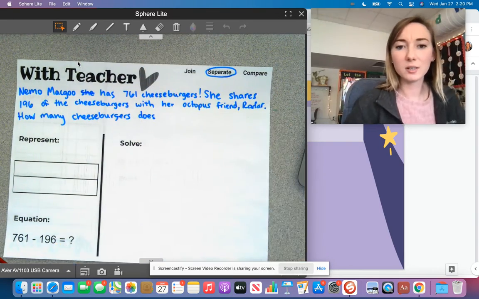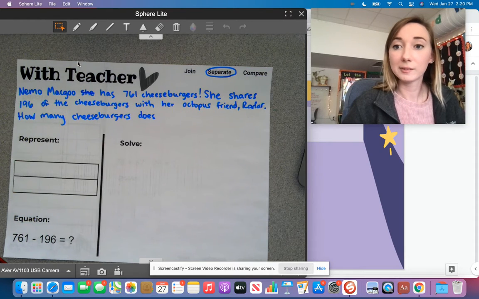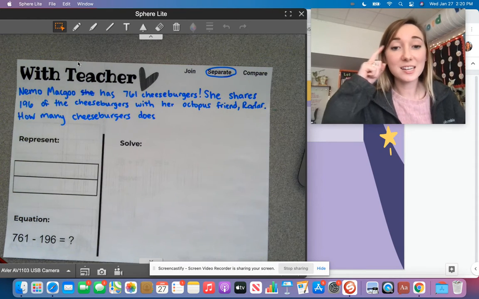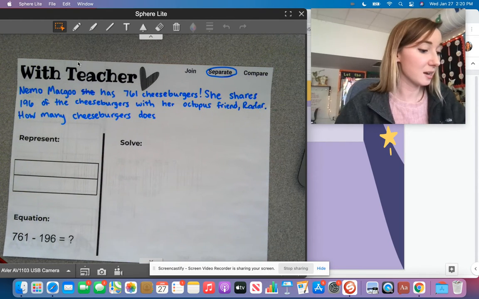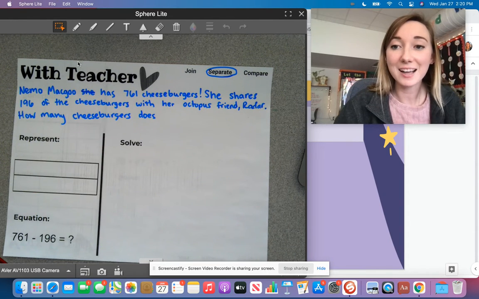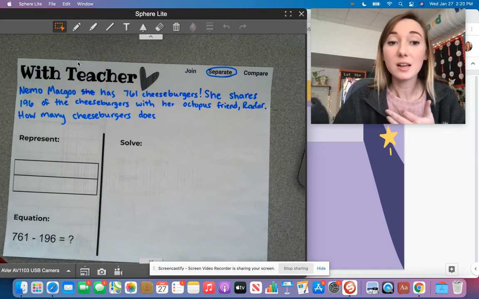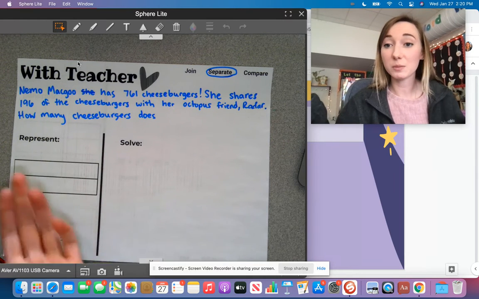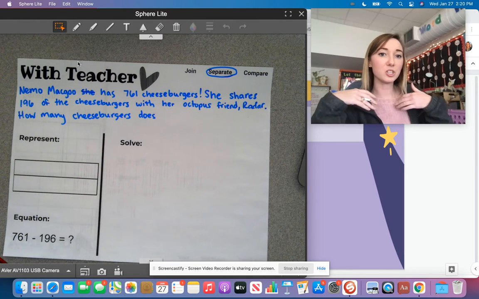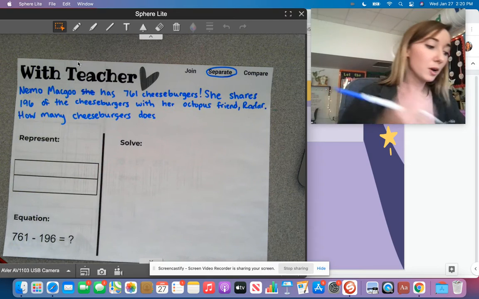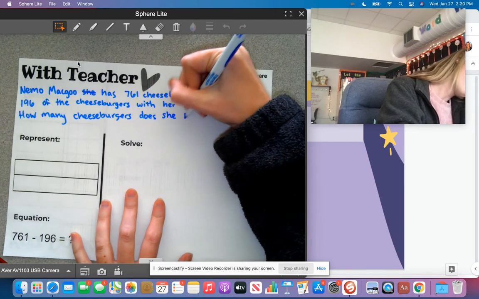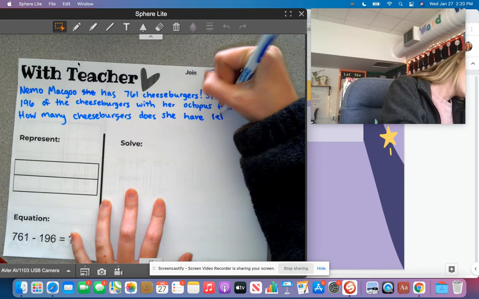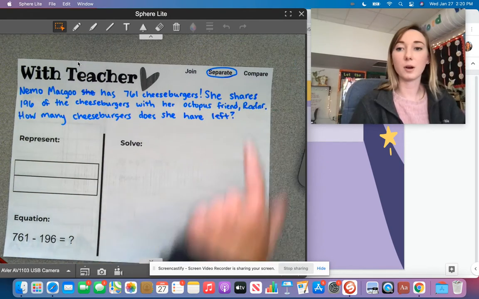Is that the question? No, if we're paying attention, we already know that this 196 is the number that Radar has because that's what she gave to Radar. So we're not looking for how many cheeseburgers Radar has. We're looking for how many cheeseburgers Nemo Magoo has left. Does she have left? And there's my question mark, okay?